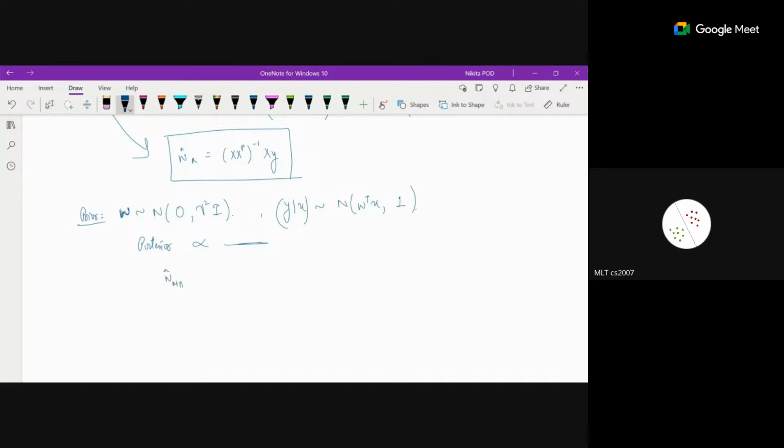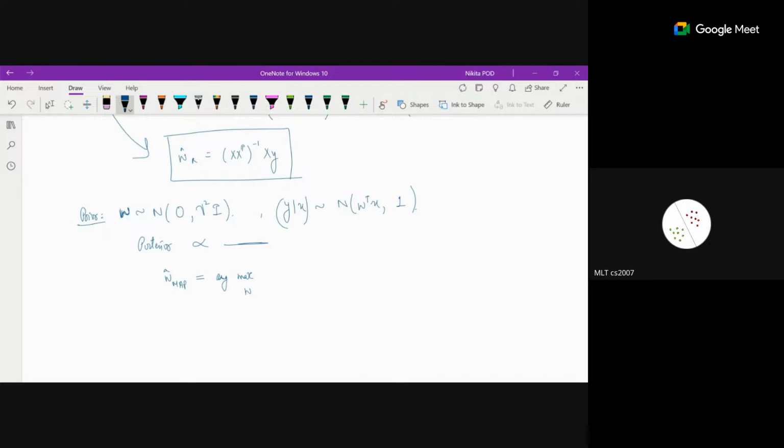And that was maximum a posteriori. Using the MAP estimate, what is this W hat MAP? This W hat MAP is nothing but you try to maximize now your posterior.